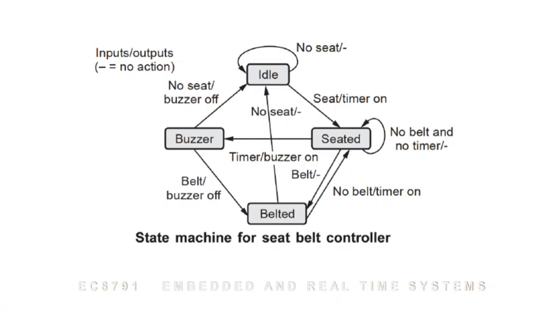When no person is sitting in the seat, it is the idle state. When a person sits in the seat, it is the seated state, and the belt is checked. If a person is sitting in the seat but does not wear the belt, the buzzer blows; otherwise, if the person sits on the seat and wears the belt, the buzzer is not blowing. Okay, it is the state machine for the seat belt. It is a simple example.